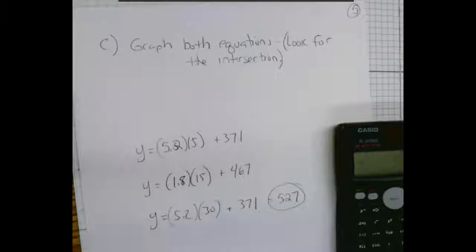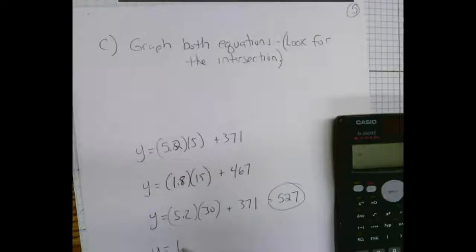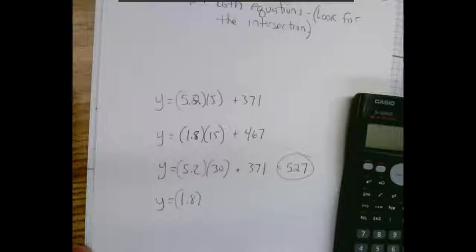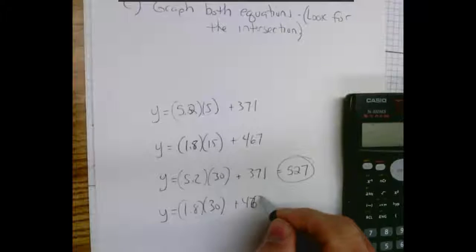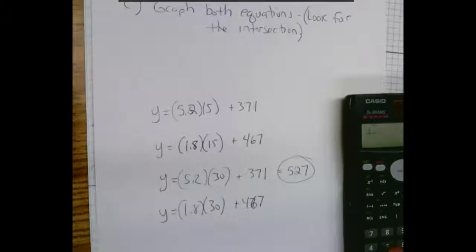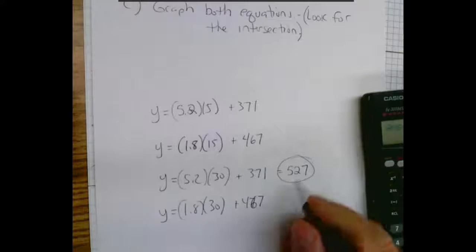And let's do the other one, y equals 1.8 times 30 plus 467, which is 521.